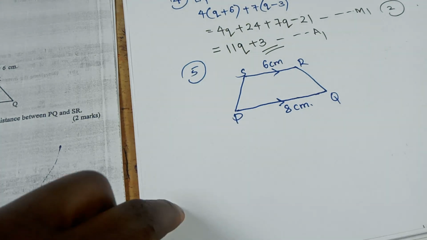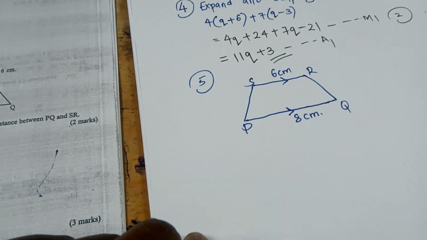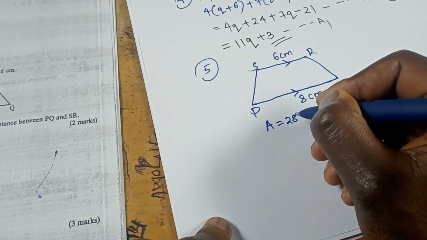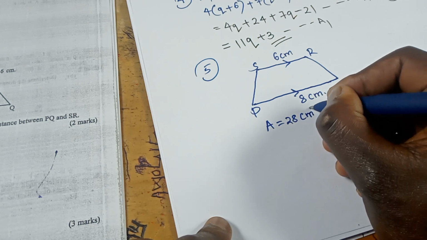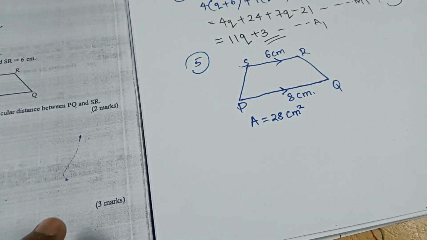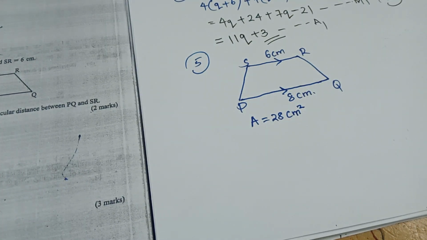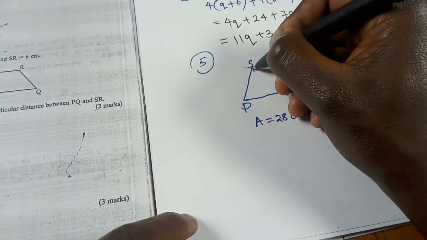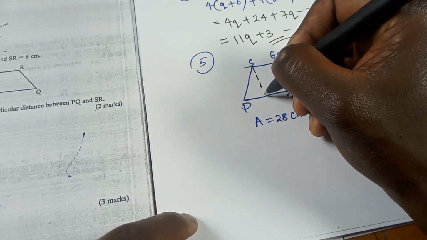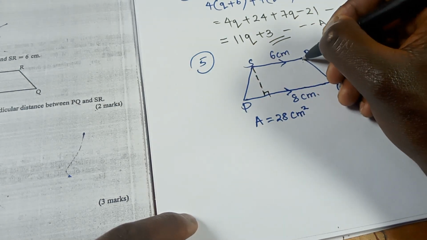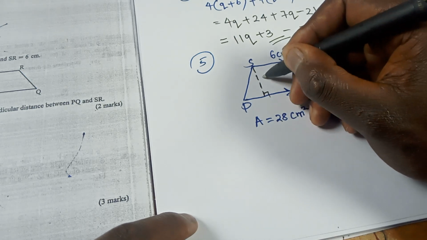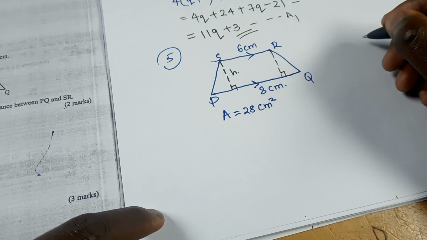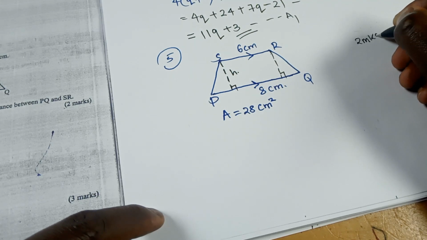So that being our trapezium, we have already been given that our area is equal to 28 centimeters squared. And we are now supposed to determine the perpendicular height. This here is our perpendicular distance. This is what we are supposed to determine. So given that, that question will earn you 2 marks.